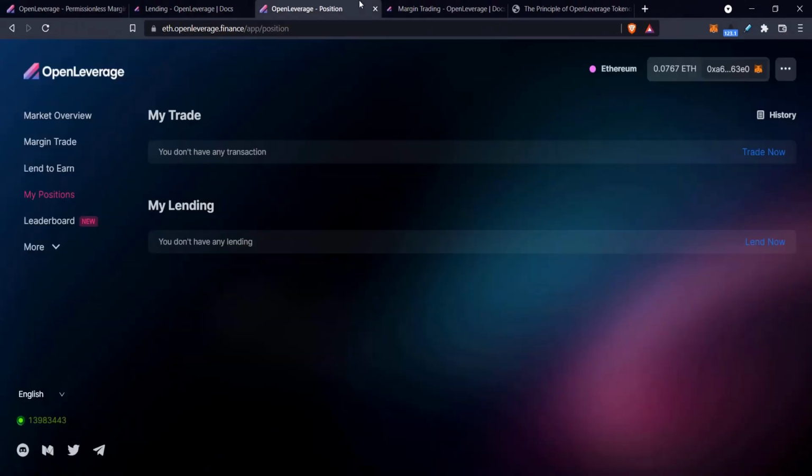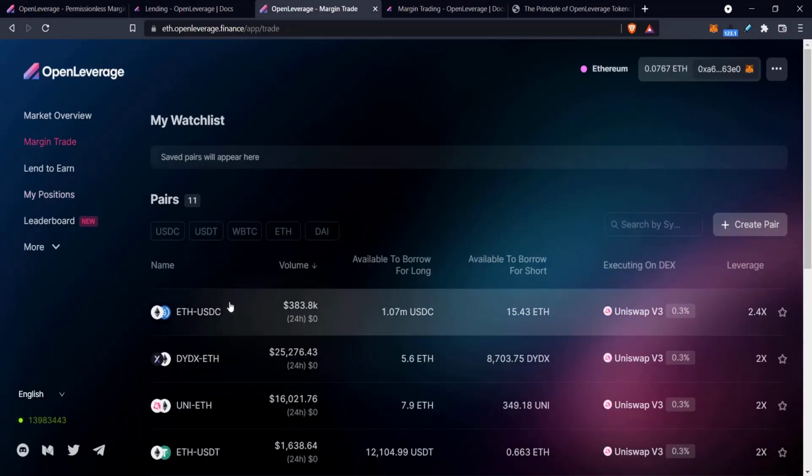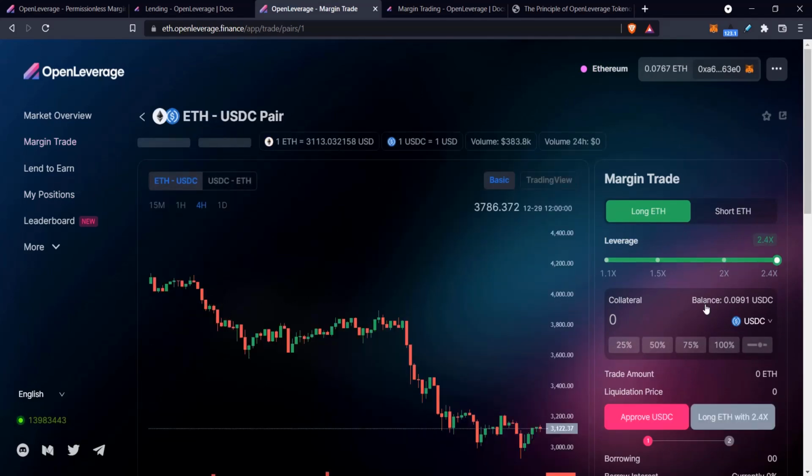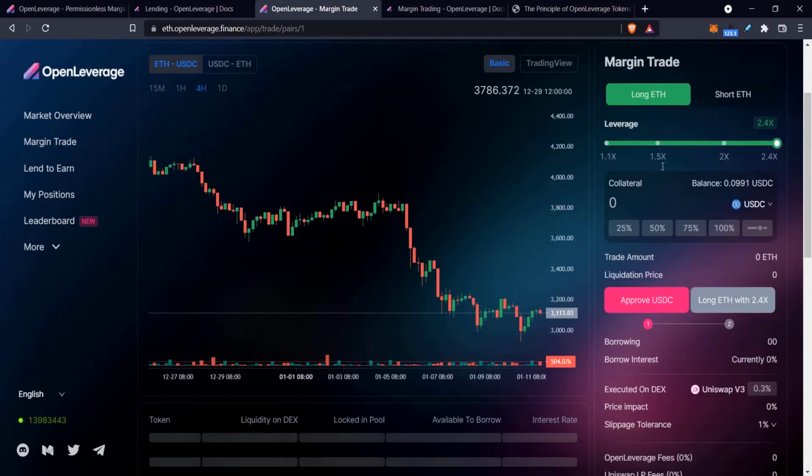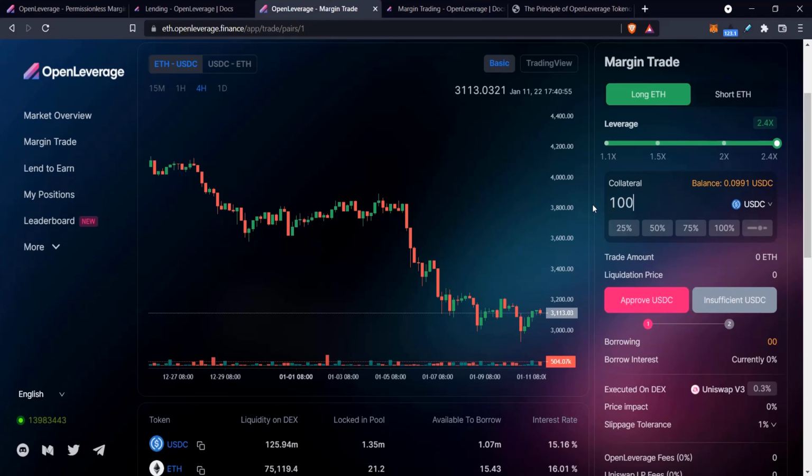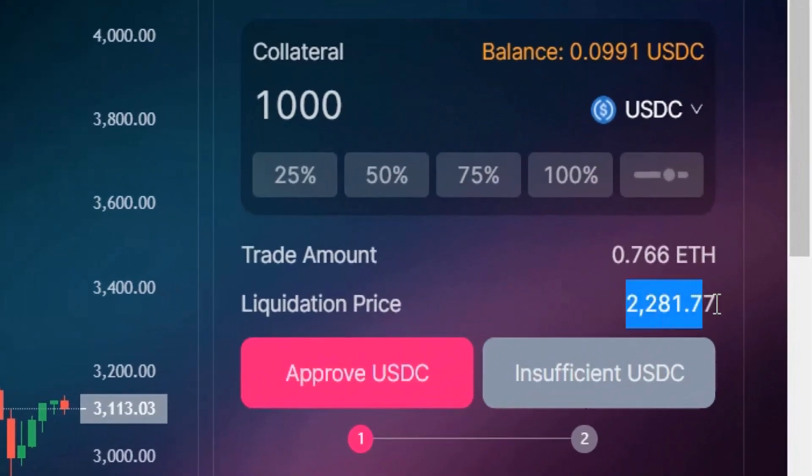Let's go to the margin call, and let's put 1,000 here. It does show the liquidation price here. If I were to use $1,000, this is the liquidation price of ETH. If ETH goes to this price, then I get liquidated.